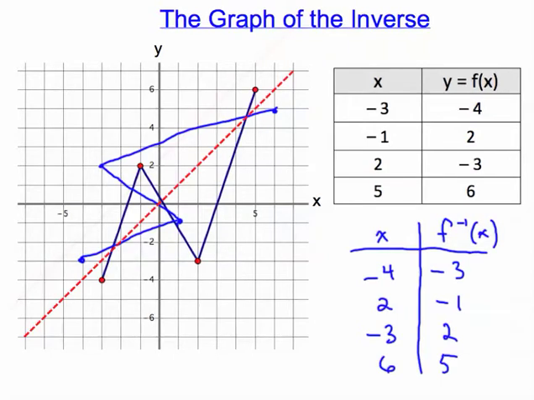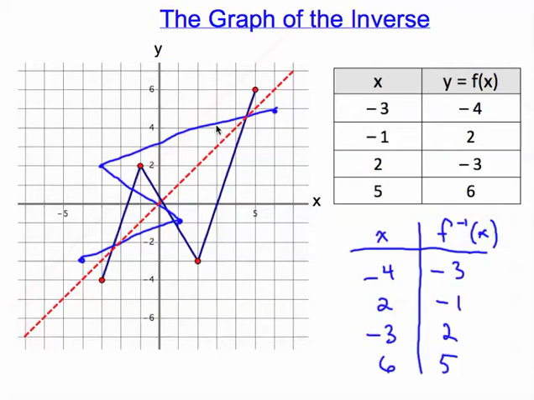Now, if you look at it, you'll notice that the graph has actually been reflected in this diagonal line here. So the inverse graph looks like the original graph reflected in that line there, and that's the line y equals x.